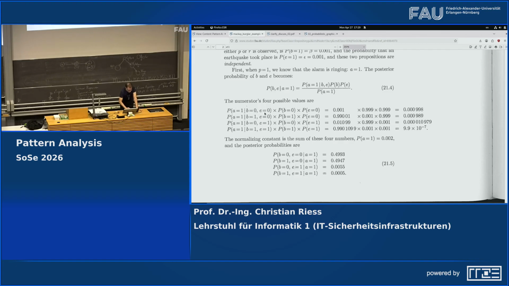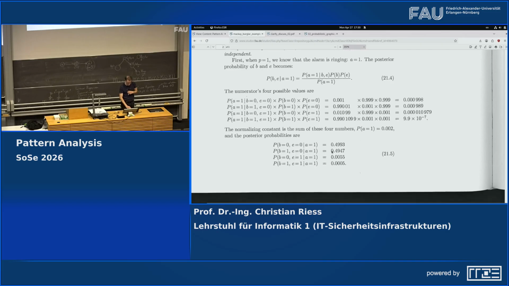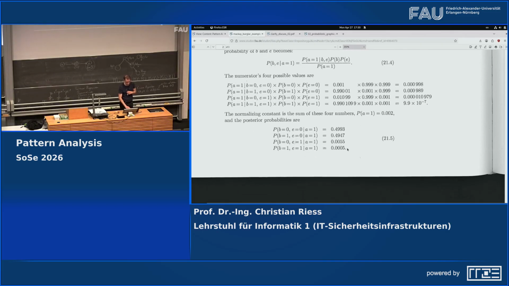So nothing happened. And it's even less likely that alarm went off and it's an earthquake. The normalizing constant is the sum of these four numbers, and the posterior probabilities are, and here we can see it better, a 50-50 chance, more or less, that there's a burglar or it's just a false alarm. The earthquake is also a possibility, but it's relatively low, and earthquake and burglar is super low.